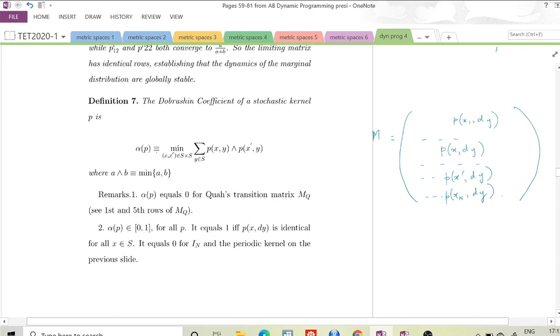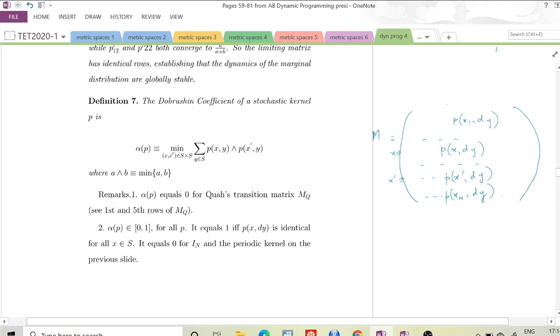So alpha of P is the min over every pair of rows x and x prime, yeah, of the following number. That is, you take every pair of rows. So in this particular example, take row x, take row x prime, yeah.